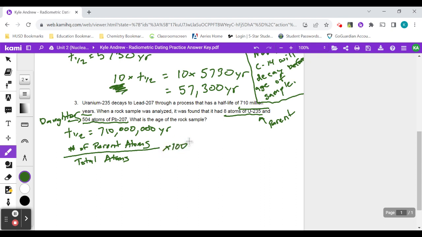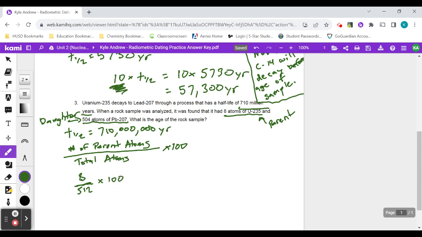Okay. So this is going to mean that we have 8 divided by 504 plus 8, that's 512, and then times 100.